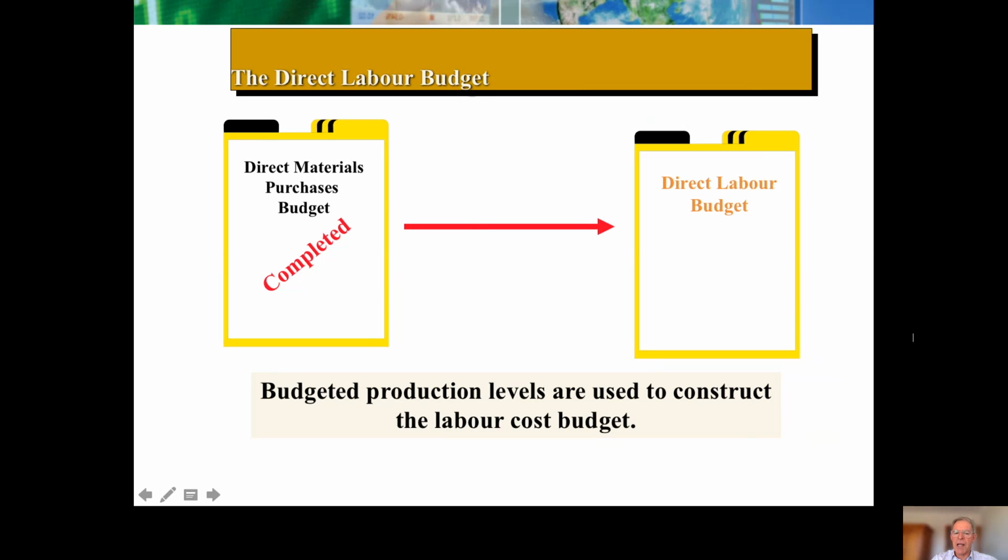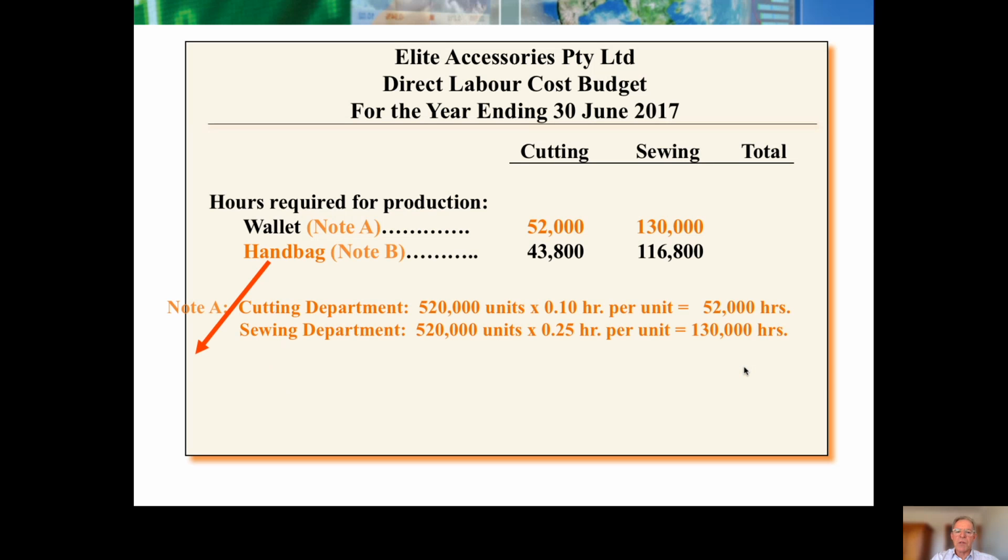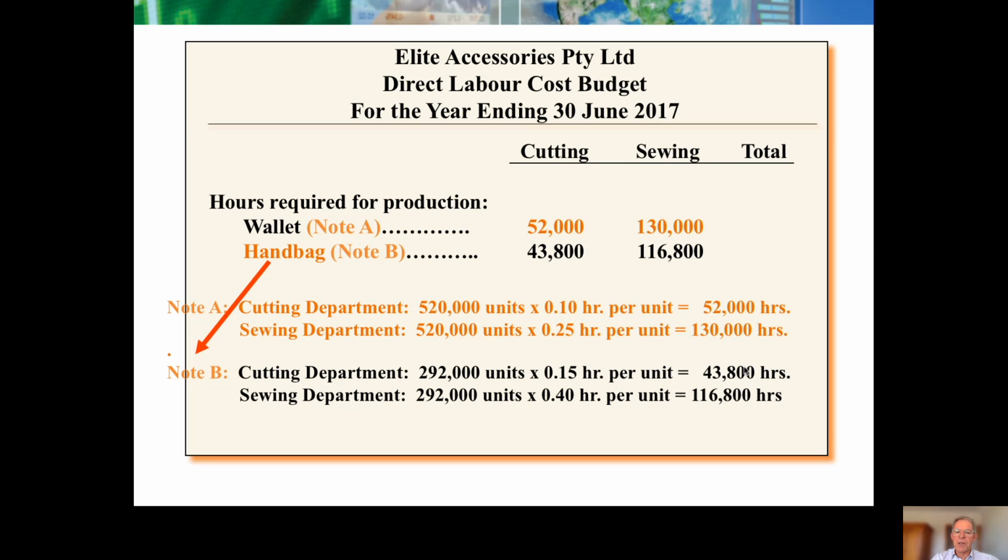Now let's do the direct labour budget. Similar sort of thing. Look at your different products, work out how much labour is required in the different departments, cost that out. 520,000 units at 10 cents per hour per unit, 52,000 hours. Do the same with your other products.